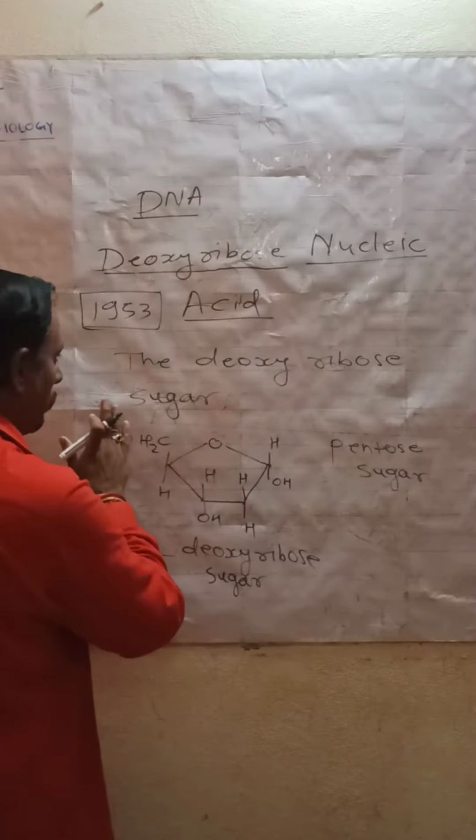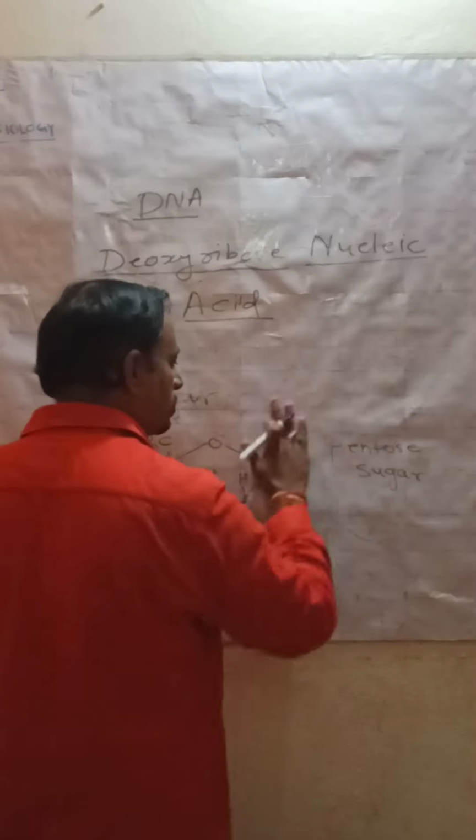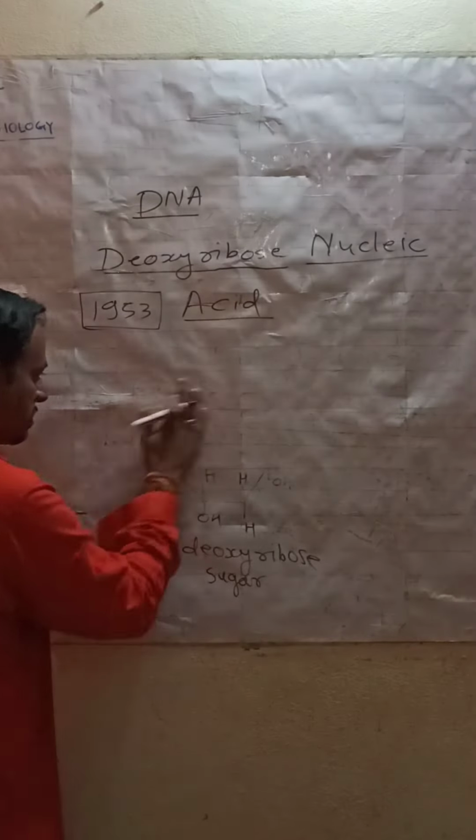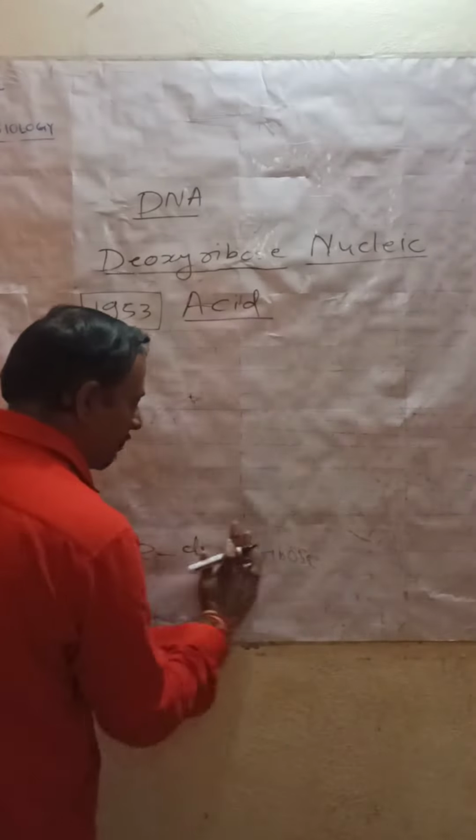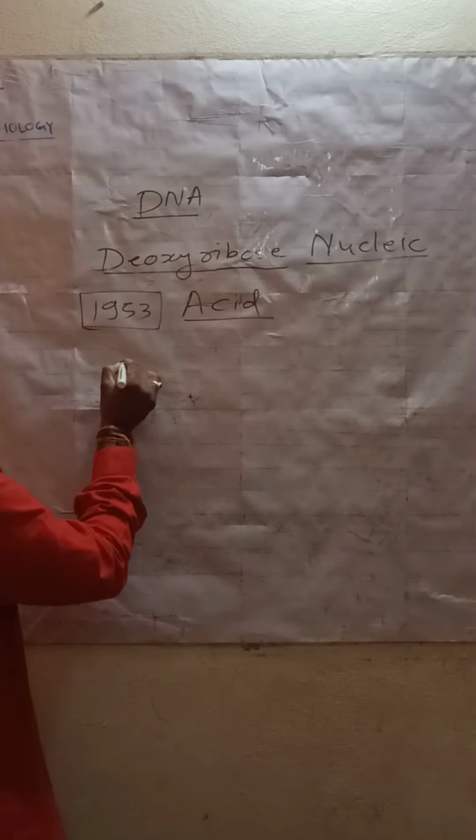Now let's see about the nitrogenous bases. How many nitrogenous bases are there? There are 4 nitrogenous bases.